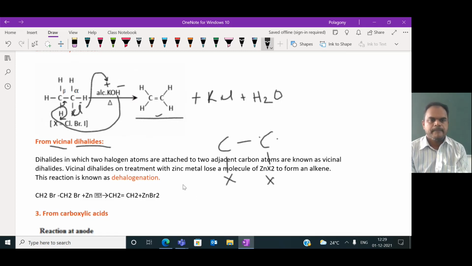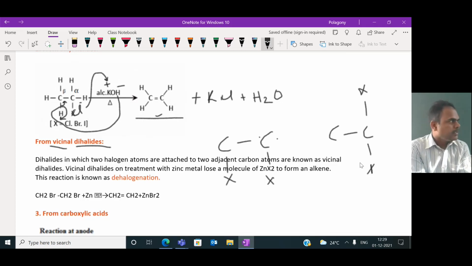In case both halogen atoms, the same halogen, are present on the same carbon atom, this condition is said to be a geminal halide.